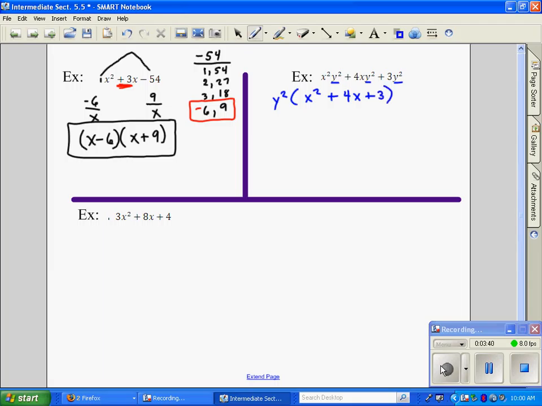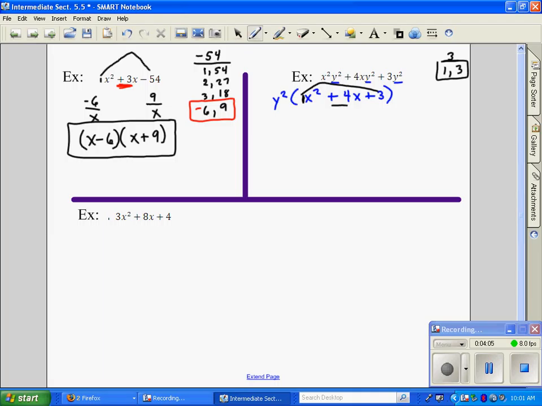Once you've taken the GCF out, you want to check your remaining parenthesis and see if we can do bottoms up to it. So we want to know if something multiplies to give us 1 times 3 is 3, so the only way to get that is that. But when you add them, you get 4, so yes, that factors works, because when we multiply them, we get the outside, and when we add them, we get the inside.